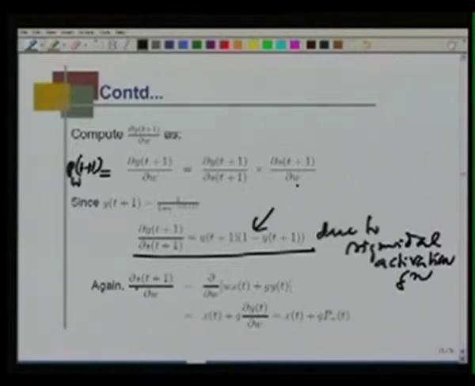Similarly, del s at t plus 1 upon del w. Here s at t plus 1 is w x_t plus g y_t, and I have to differentiate this with respect to w.